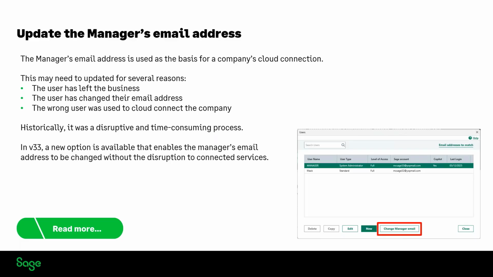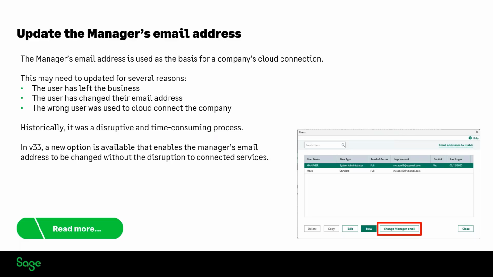Maybe the user has changed their email address. Maybe the wrong user was used to cloud connect the company in the first place. So maybe a business partner, like an accountant, did that for you, and actually you want that reallocated within the business now. So as I say, it was very disruptive and time consuming to do that historically.